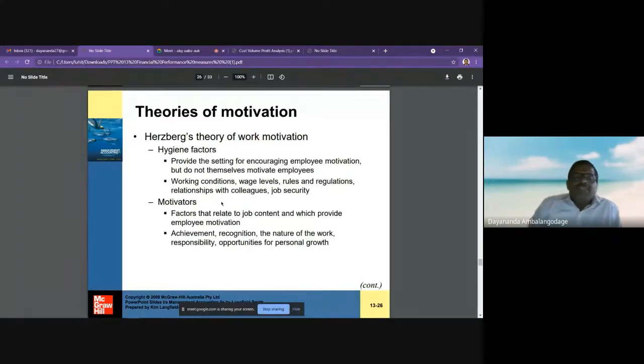But motivator factors are really factors that relate to job content and which provide employee motivation. That is somewhat related to the work you perform. Whether the job is routine, whether the job has diversity.